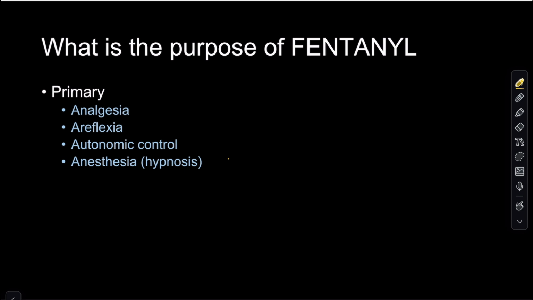And then it can also help with anesthesia or hypnosis. Maybe the evidence of this one is you are decreasing your MAC requirements. So if you need to keep a patient asleep without fentanyl, it's going to require more concentration of an anesthetic gas to keep them asleep, but you can actually decrease your MAC if you're using fentanyl.